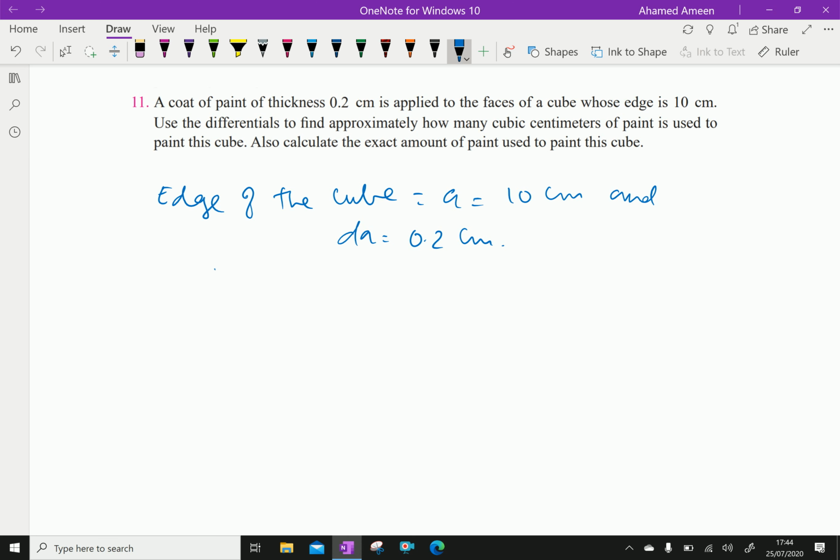Now volume, we know that volume of cube equals a cube.